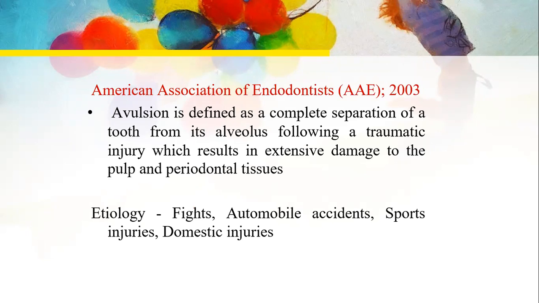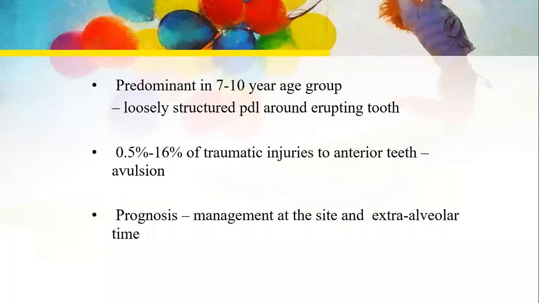The most common etiologies are fights, automobile accidents, sport injuries, domestic injuries, etc. Avulsion is predominantly found in the age group of 7 to 10, because around the erupting, immature maxillary central incisor the periodontal ligament is loosely structured. Traumatic injuries are more common in the anterior teeth.